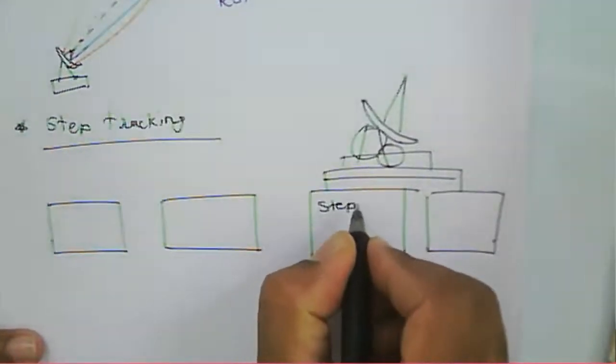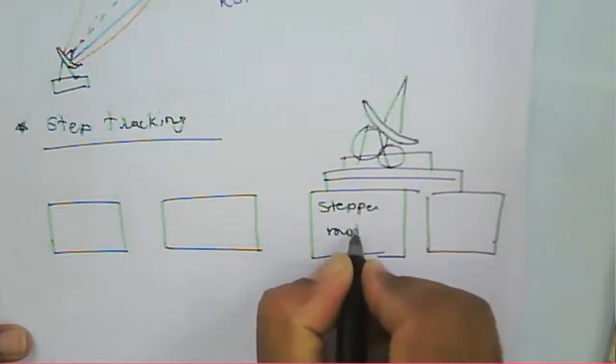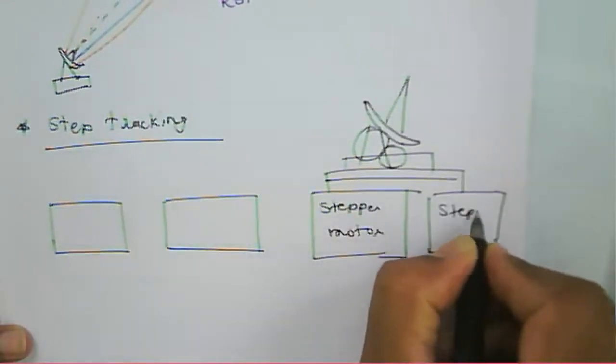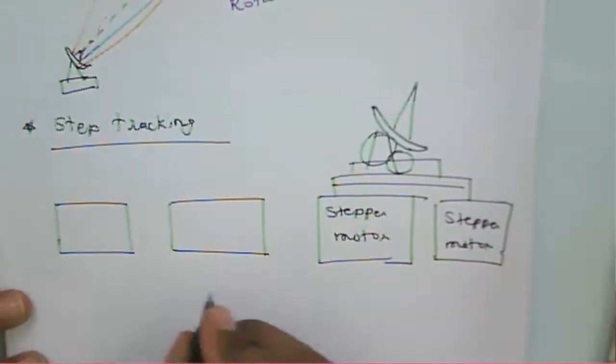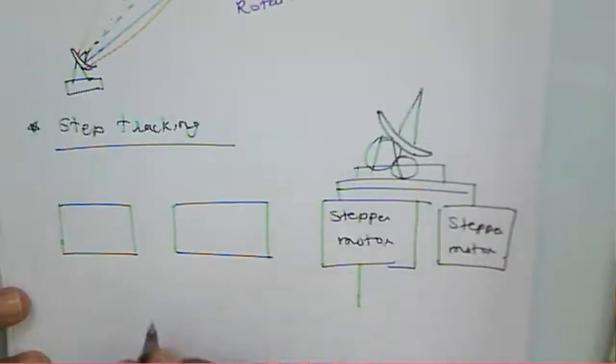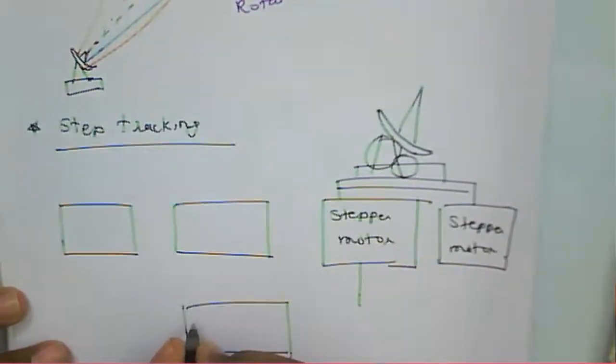You can say that a stepper motor here, and these stepper motors are used to verify the decision.